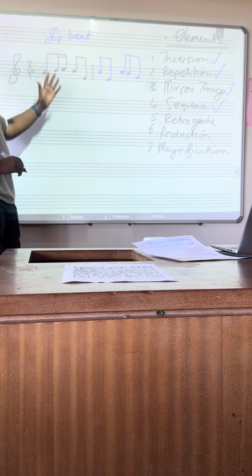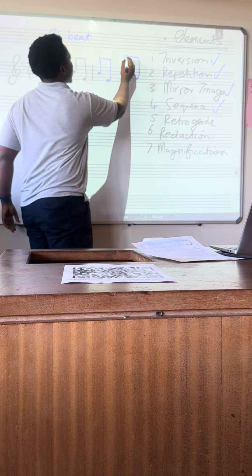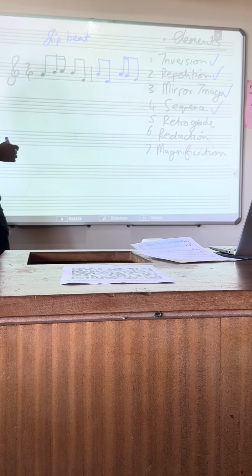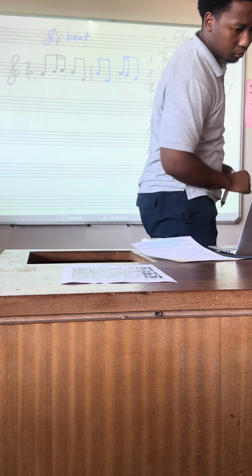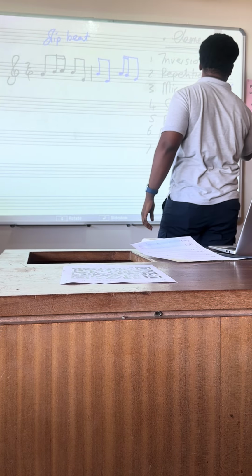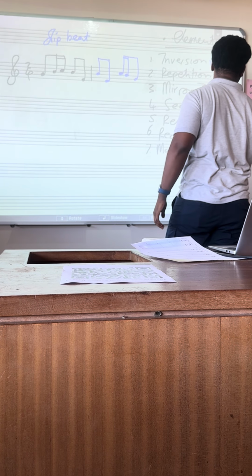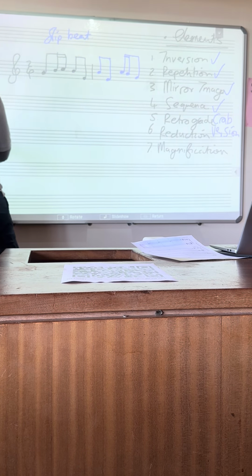This is flipped, this is flipped. So everything is backwards. Retrograde. There's another word for retrograde. I can't remember it. I think it's somewhere here. Crab version, yes. It's called crab version. That's retrograde.